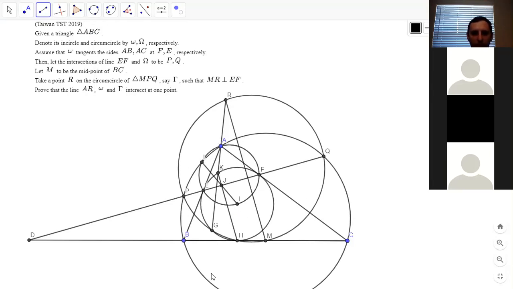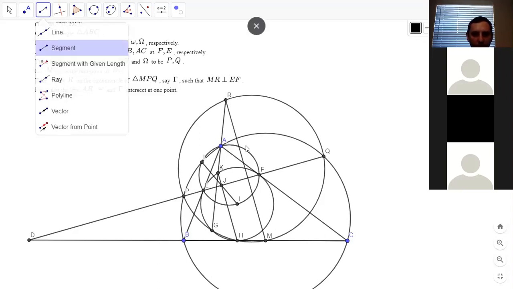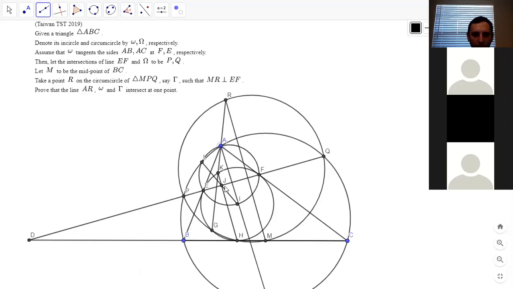And then if we let AJ meet the circle, I wonder if, no, I'm sorry. I don't know if there's too much we can do at that point. But we want to show this line.